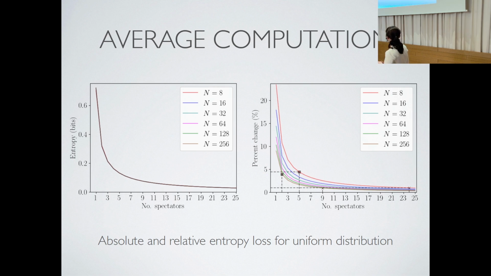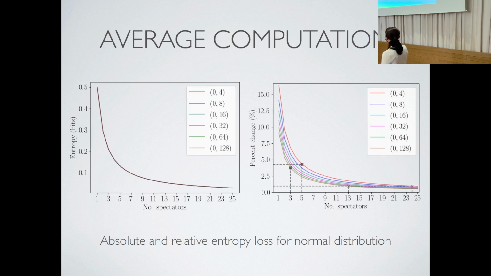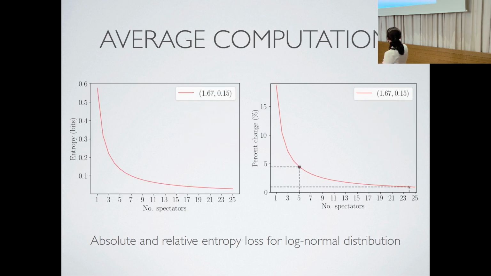These are different distributions, but they look very similar. The behavior on the left is that the absolute information disclosure is the same for all different distributions. So this is normal; log normal is only 1. Then we try to compare them across different distributions, picking parameters that would be similar to log normal.